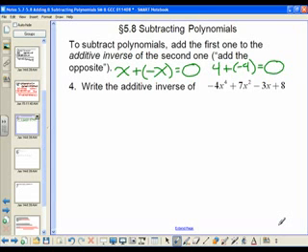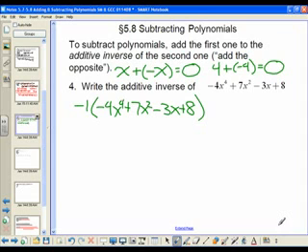Okay? So, when we take the additive inverse of a polynomial, basically what we're going to do is write negative 1 times negative 4x to the fourth plus 7x squared minus 3x plus 8. We're going to multiply everything by negative 1, which means you go like this.